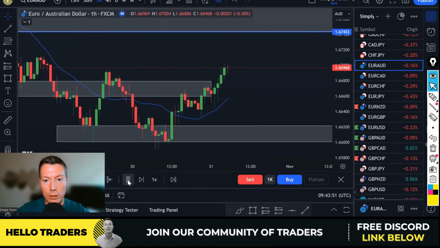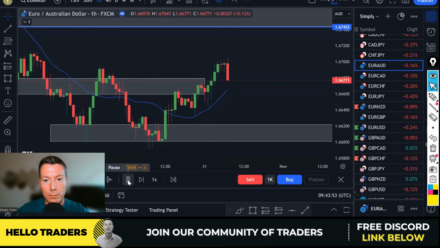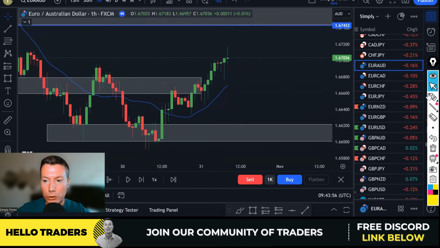But if we play this along, literally I was looking to get into this trade here and it reacted there. Still slightly frustrated about this. But again, we had another bullish candle, and we could take price back up to here, or we just trade the retrace.